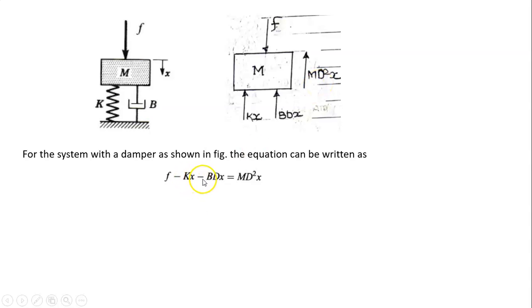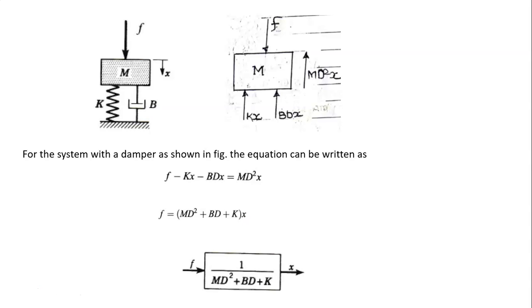Therefore shifting this kx and bdx towards right hand side, and taking x common, we can write F is equal to md square plus bd plus k into x. Now this is the block diagram. How to read this? F into 1 upon md square plus bd plus k is equal to x.